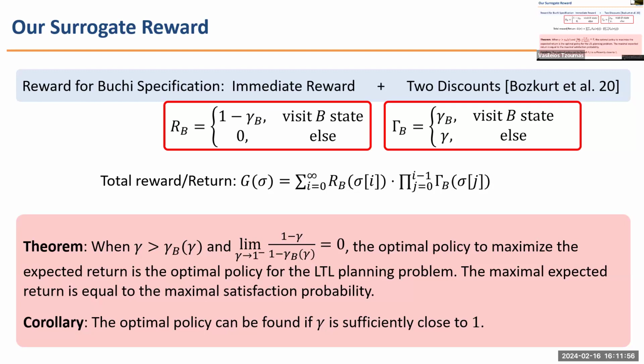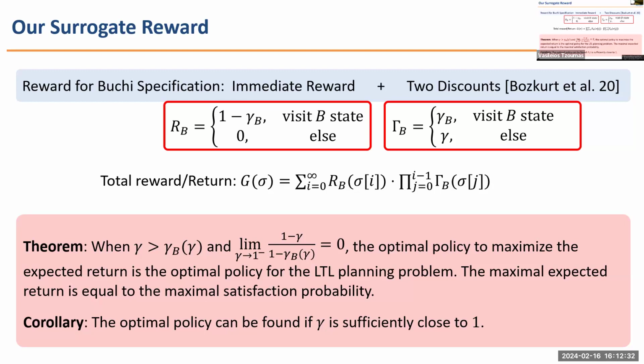So this reward is learnable, but if you truly want to recover the optimal policy for the recurrency objective, you need to set gamma B to be a function of gamma, and you need to have all of them converge to 1. As you are learning, you need to simultaneously increase gamma and gamma B to 1 until the policy converges. And that policy will be your optimal policy.